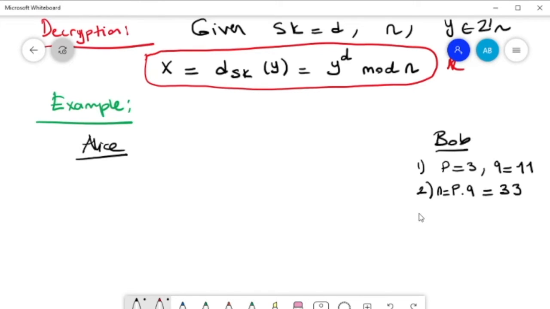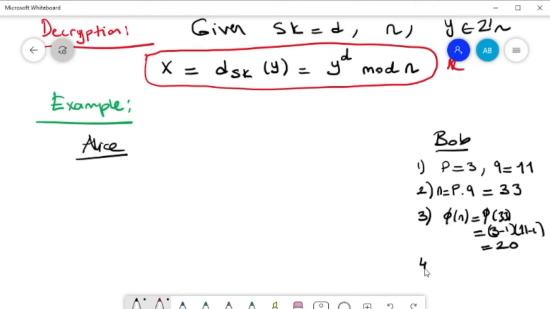And the third one, we were computing phi of N, which is phi of 33. We know that this is P minus 1 times Q minus 1. This is 3 minus 1 times 11 minus 1, which is 20.